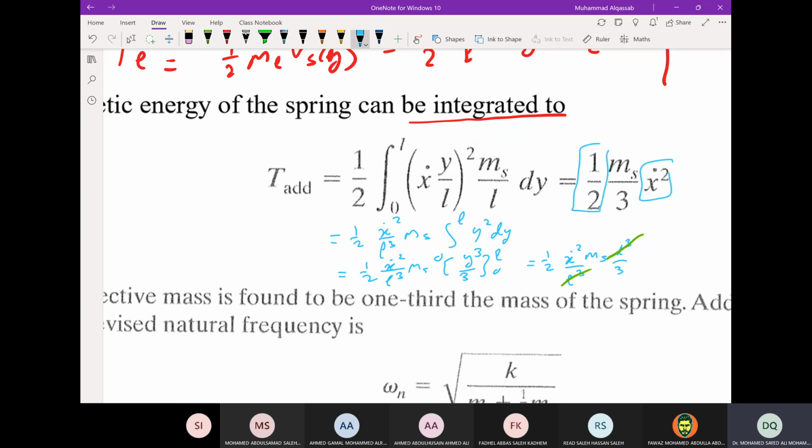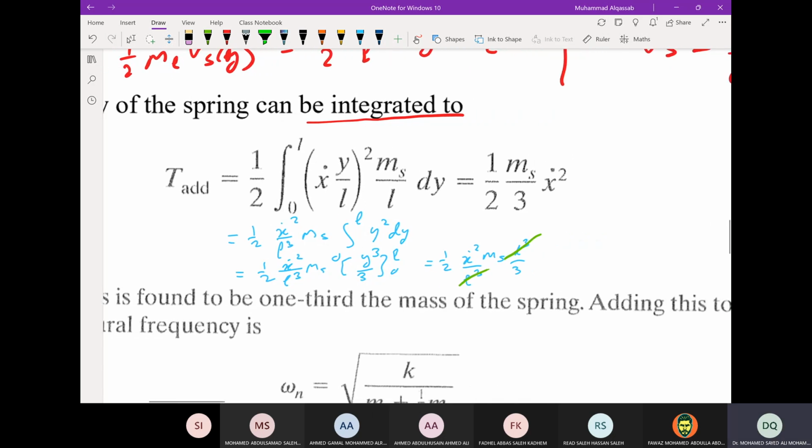So we are finding an equivalent mass or effective mass at y equal to L at x dot. You need to keep the form of the kinetic energy, because you want the mass to be added to the m. So this will be 1 over 2, and the common factor is x dot squared, and the result of integration is ms over 3.